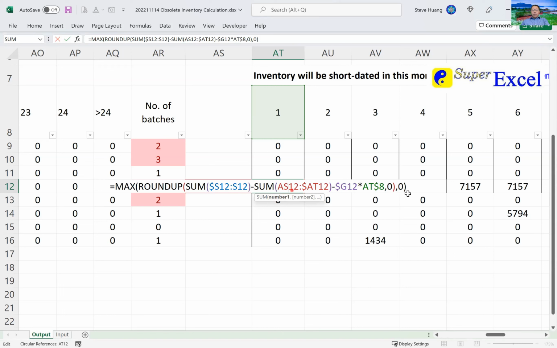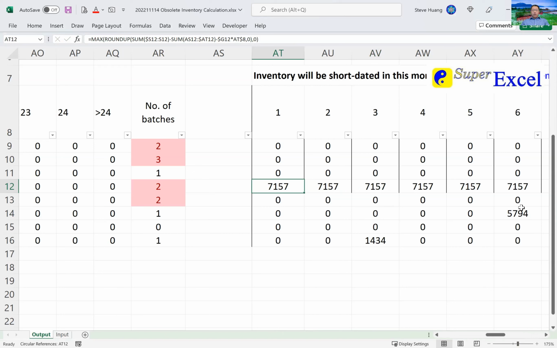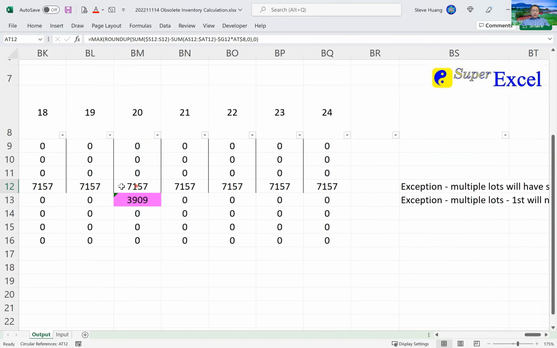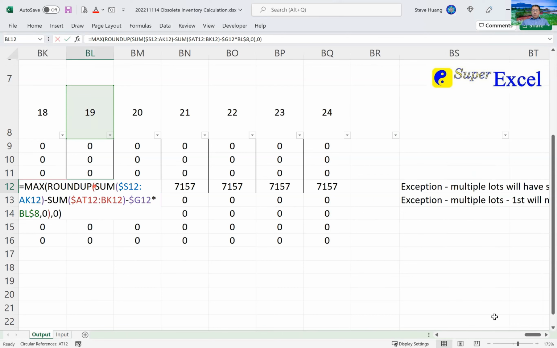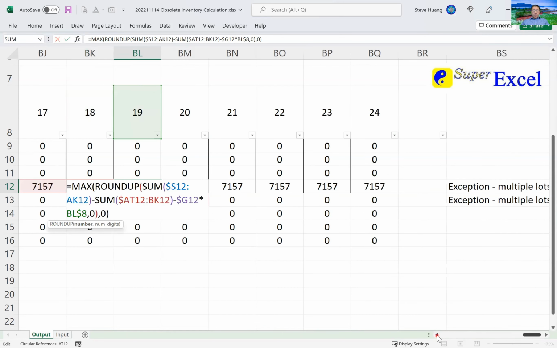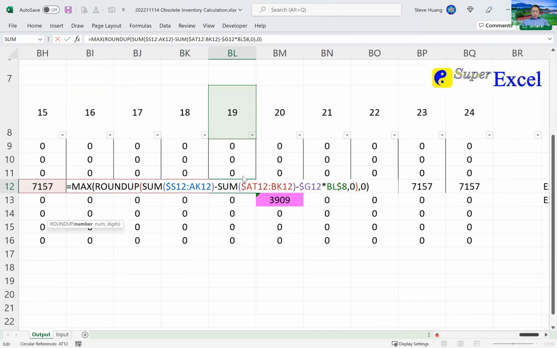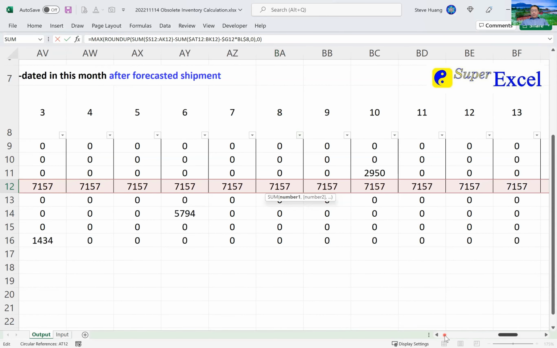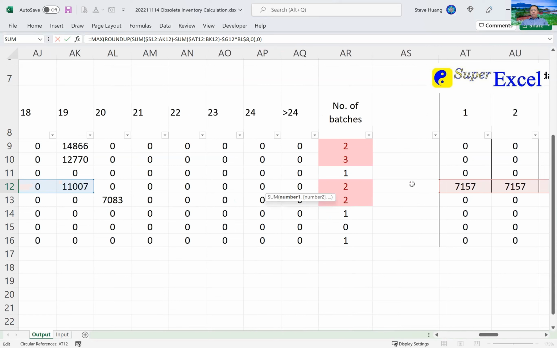So that means when we do that formula, in order for one formula to apply to every month, we need to change that beginning cell. For the second block over here, the second sum function, we don't want to start from the first month. We want it to start from the column before the first month.